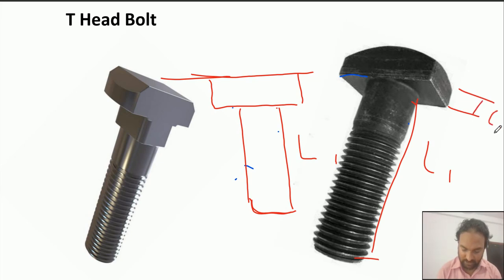Again, if we need to make the top surface flat, in this particular case it will be like this. And in top view you will see the head like this.